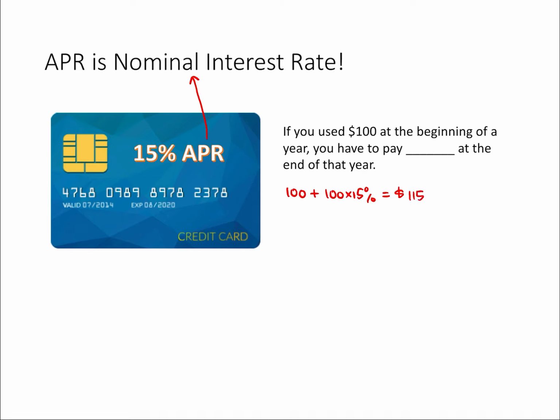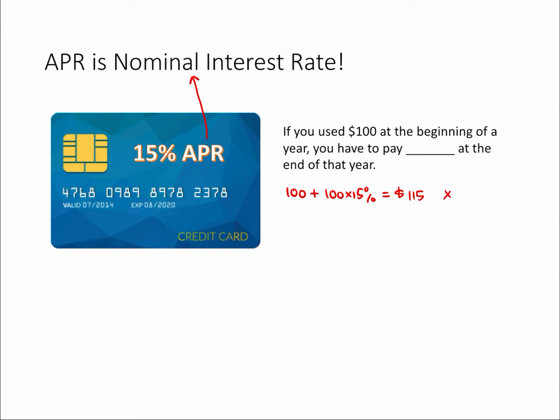So that's gonna give you 115. So I have to pay 115 back to the bank. Well, after you know what is APR, what is nominal rate, that's not true. You're not gonna pay 115, you're gonna pay more.